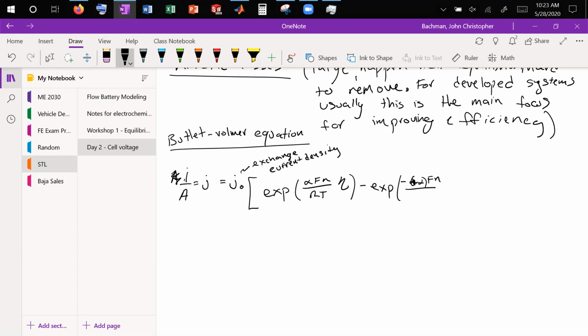So this is 1 minus alpha over RT times the overpotential. Sometimes you'll see some concentrations here, but usually we'll assume these are 1.